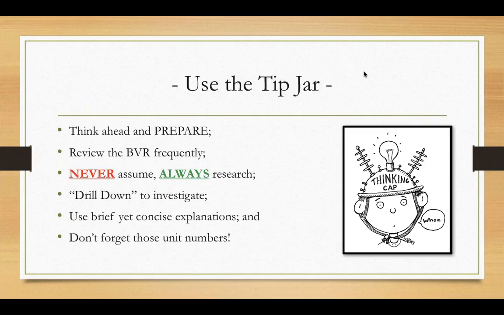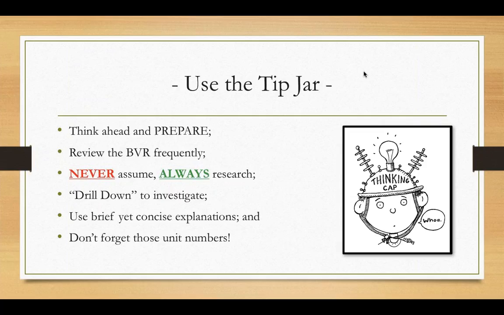I think this next line item is where a lot of individuals are having some troubles, maybe struggling with this. So I really want to make sure that we understand and are on the same page when we use brief yet concise explanations. I have a couple of examples that were provided to me. I'm not going to necessarily say them here over the training, but just looking at the examples, this seems to be something that we're having a little bit of issue with.